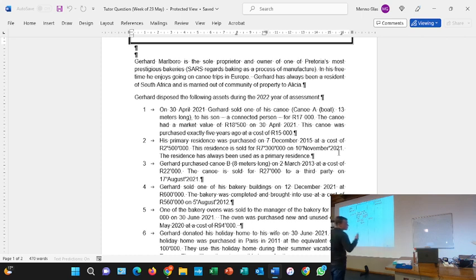So which one would you use here, the gain rule or the proceeds rule? Why? Because the gain on your proceeds, 7.3 million minus 2.5 million, is greater than 2 million. Yes, you're correct.